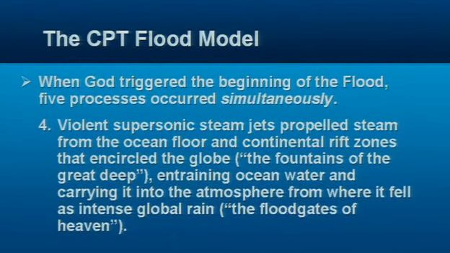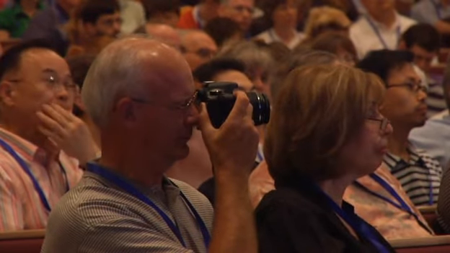The hot rock also has water in it, so you're going to have steam generated that's going to be propelled up through the ocean water, catching some of the cold ocean water and taking it up into the atmosphere. And it's effectively the fountains of the great deep bursting open, and as the water goes up, what's going to happen into the atmosphere? It's going to come back down again as intense global rain. And so from the point of view of the observer, the floodgates of heaven were opened.